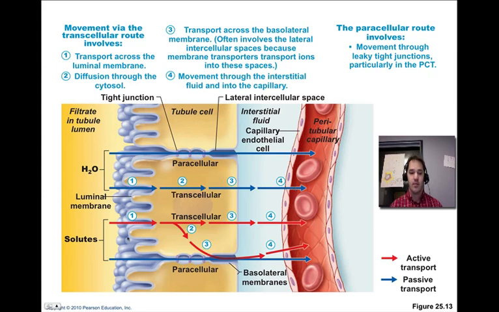The paracellular route is between cells. Epithelial cells, right here you see, are held together by tight junctions. Those are just proteins that hold these epithelial cells together. These tight junctions are kind of leaky, and they can allow solutes to dissolve through.